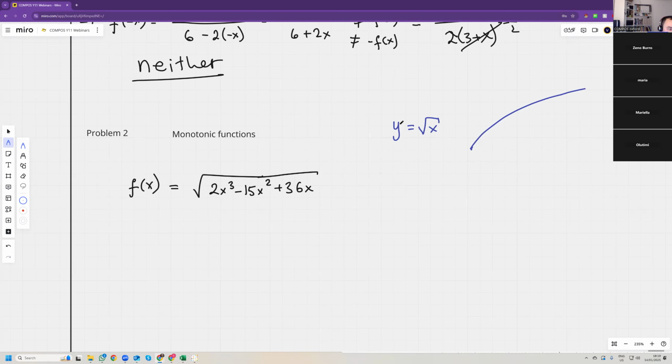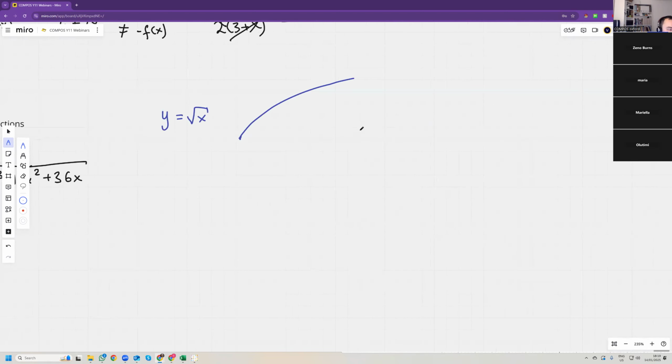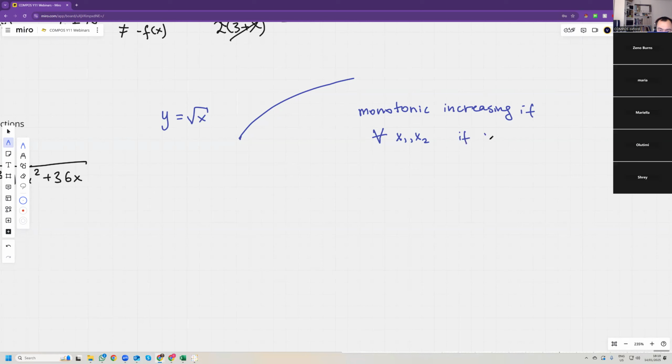Now, the definition: the function is monotonic increasing if for any x1 and x2, if x2 is greater than x1, then f of x2 is greater than f of x1.